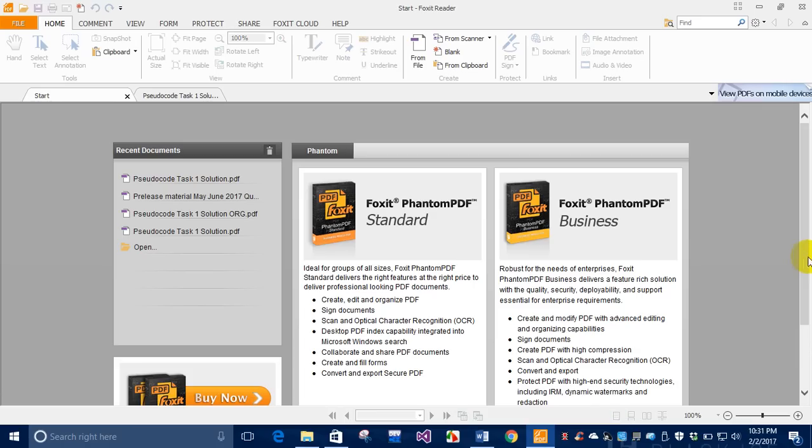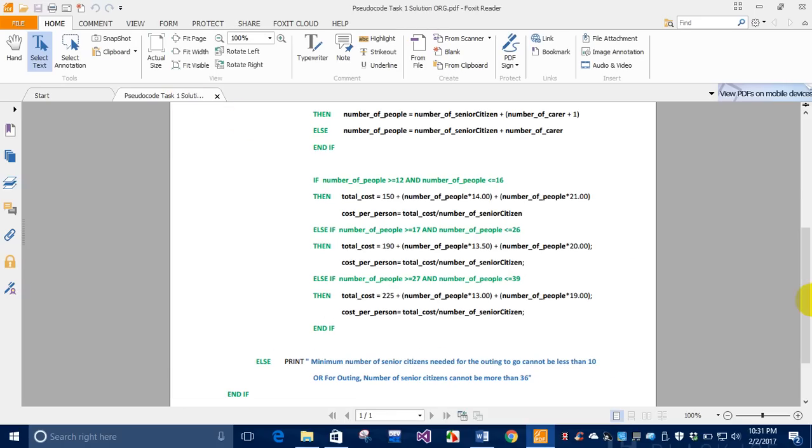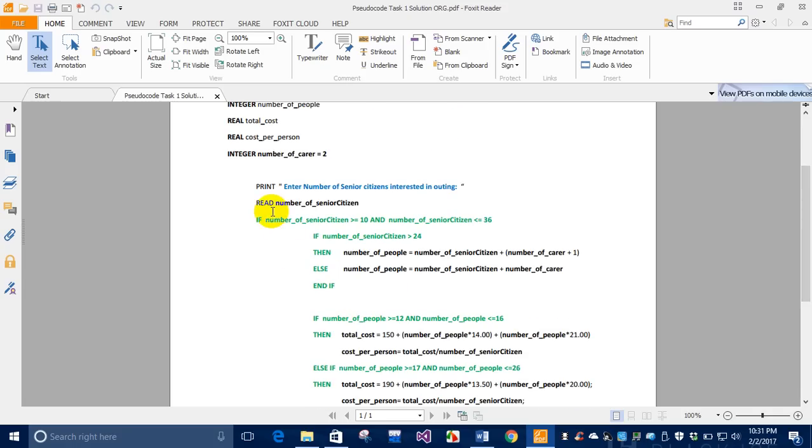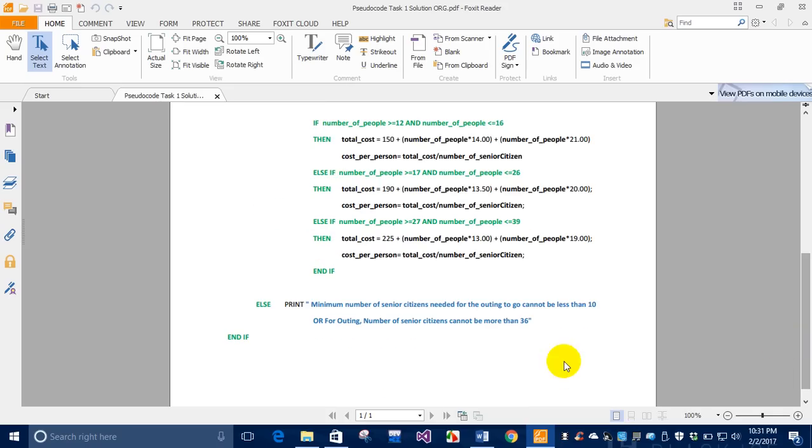Let's say if the number of senior citizens is less than 10 or greater than 36, then this condition would be false and the control will come to the else statement.